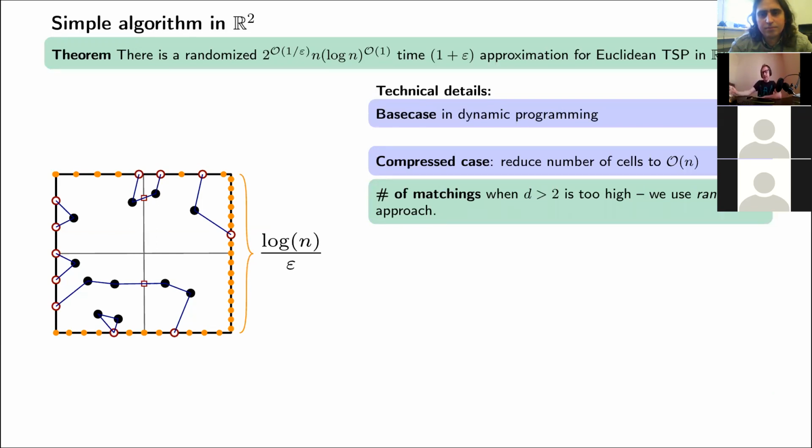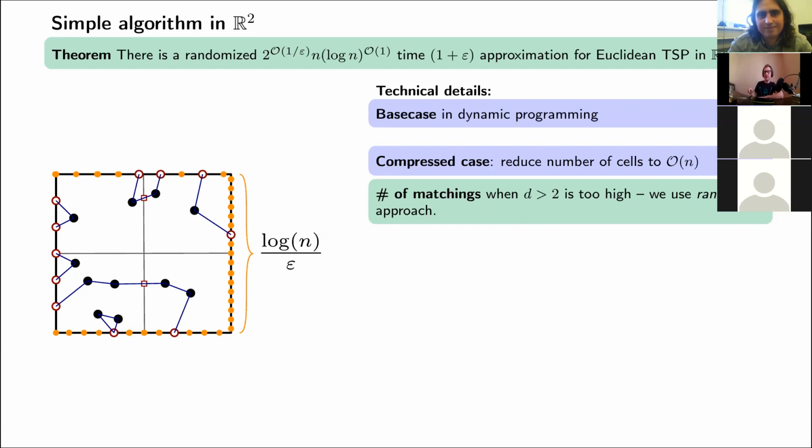And the second thing is that the number of matchings doesn't work in three dimensions, right? There is nothing that is called a non-crossing matching in three dimensions. So we have to use something that is called a rank-based approach, and it makes our dynamic programming more complicated.